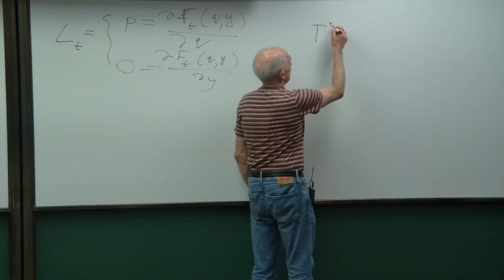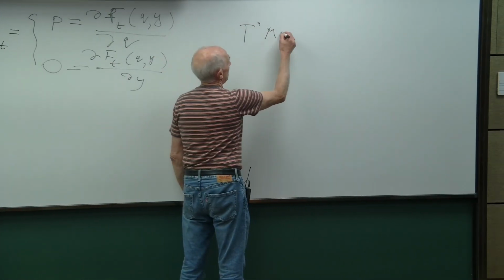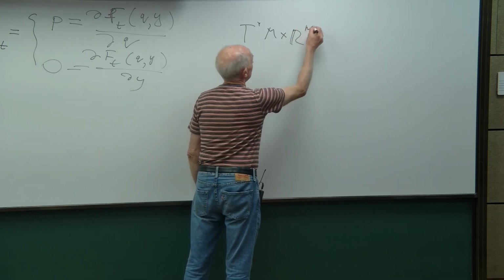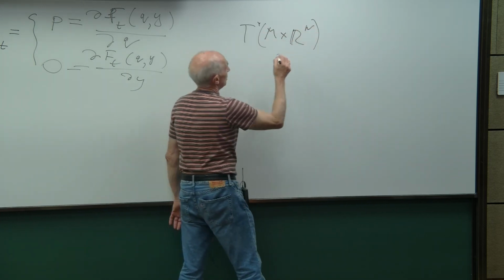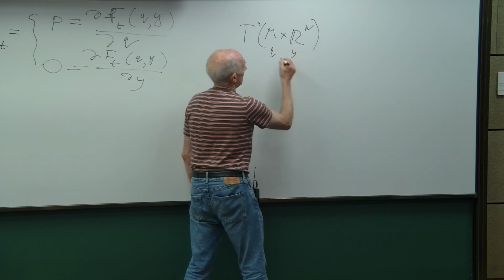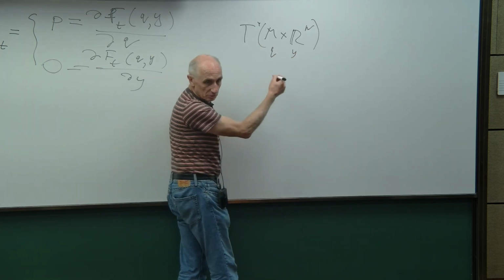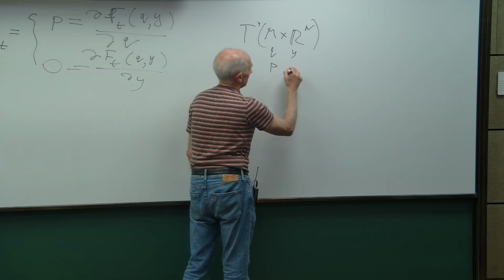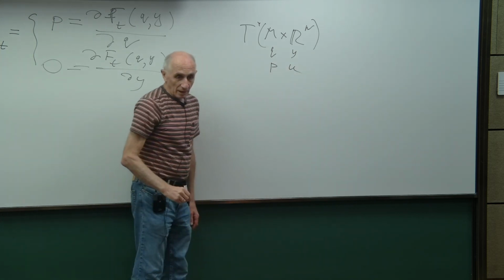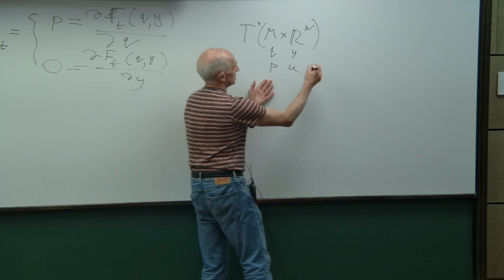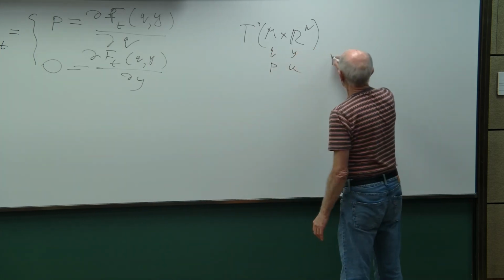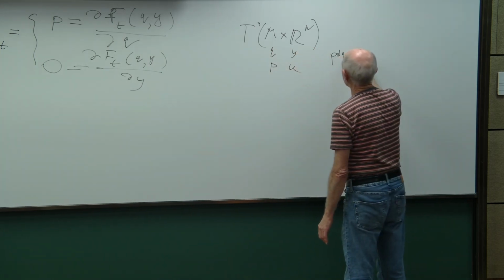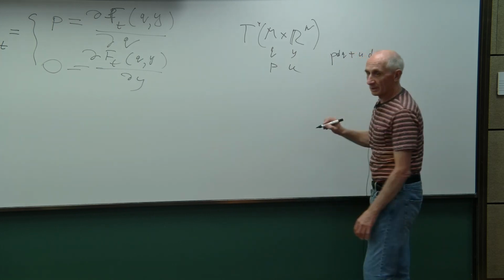There you take a graphical manifold, and then in the cotangent bundle of M cross Rn, this say call coordinates qy, and there is a dual coordinate to this, which we'll call p, and I don't know, some u maybe, such that the canonical form is p dq plus u dy.